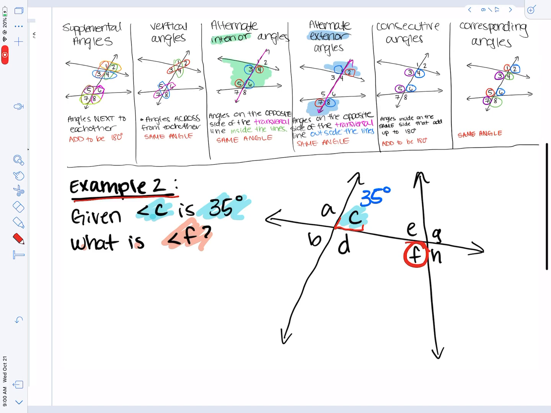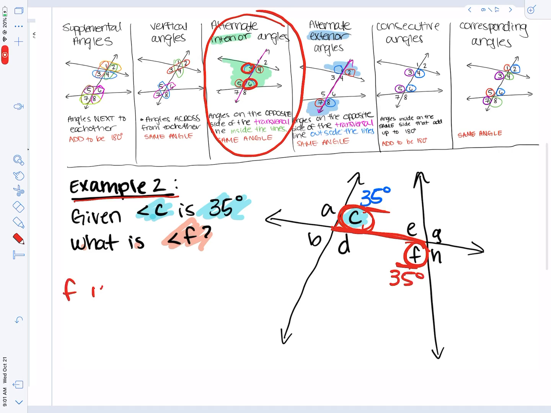What rule would we use? We know they're both on the inside. So what rule would I use? Very good. I'd use alternate interior angles, knowing that this angle is the same as this angle and they're on the opposite side of the transversal. So if C is 35 degrees, what's F? Very good. F is 35 degrees.